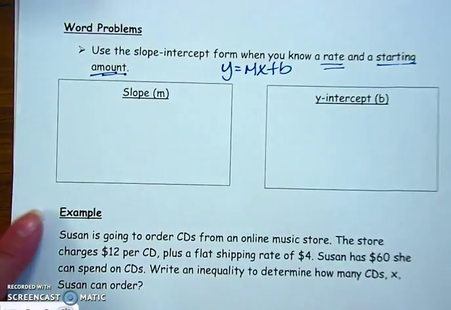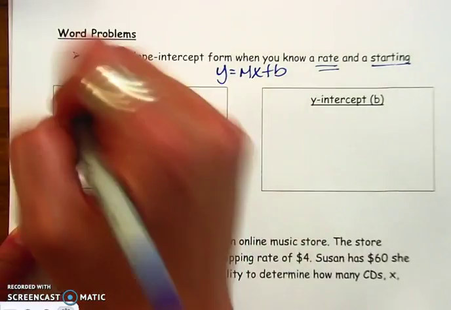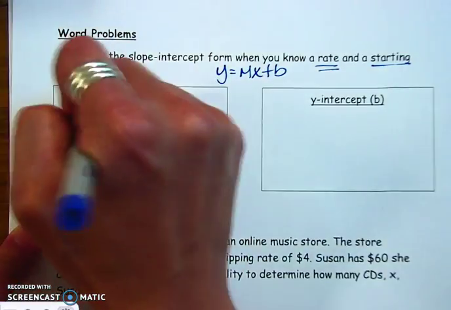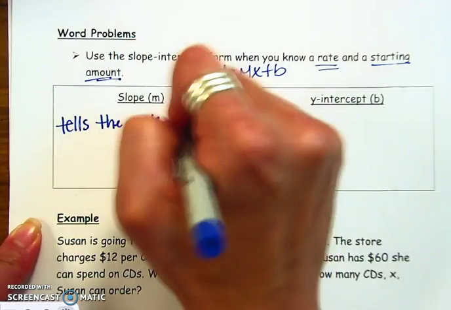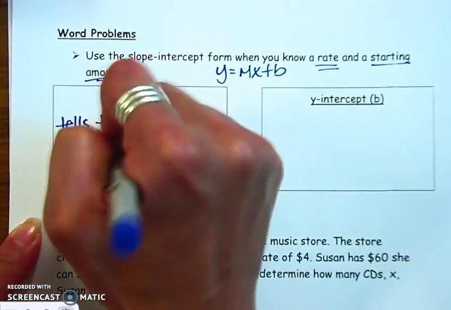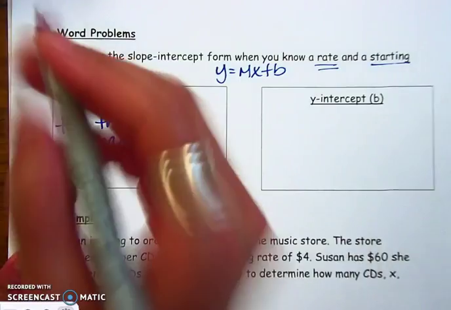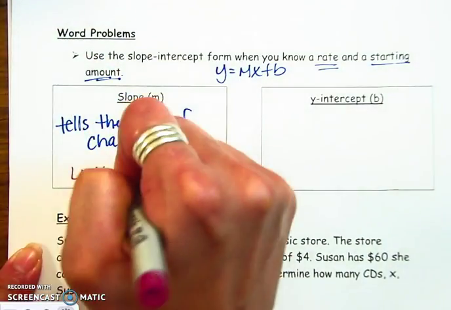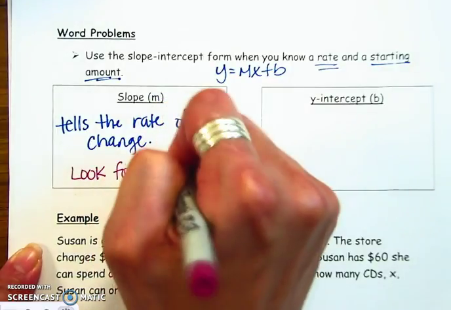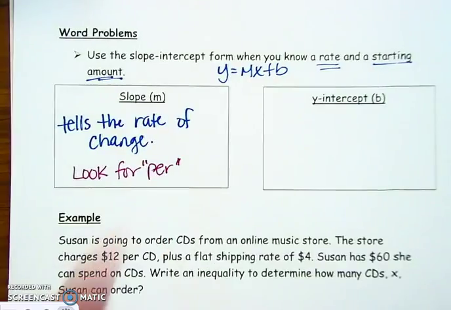So we know that our slope is going to tell us the rate of change. And the key word we want to look for is per. So we want to look for the word per.